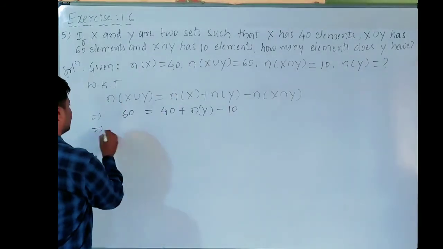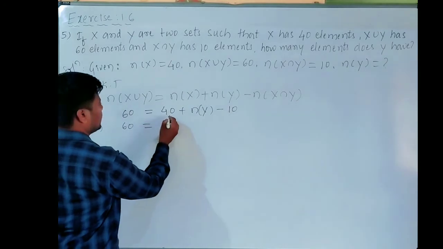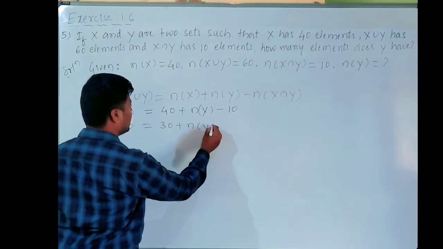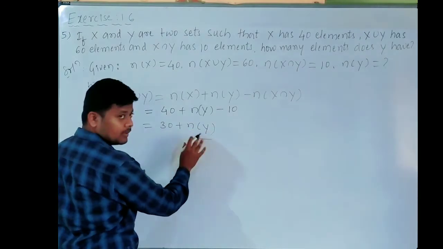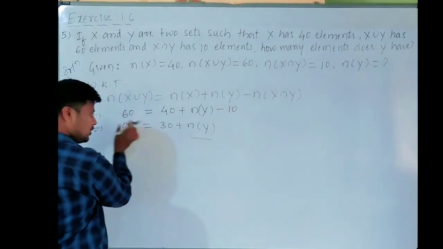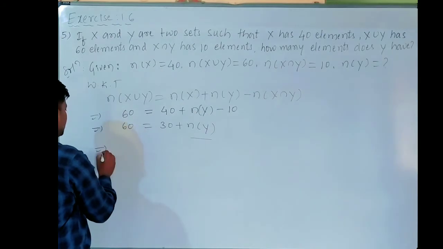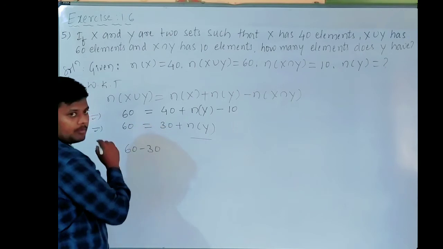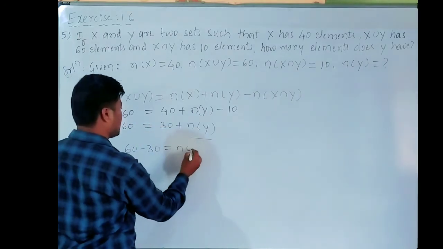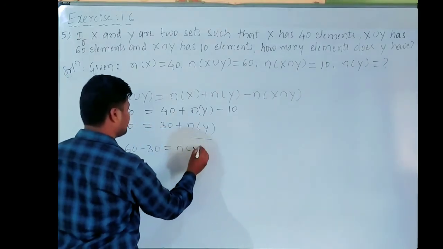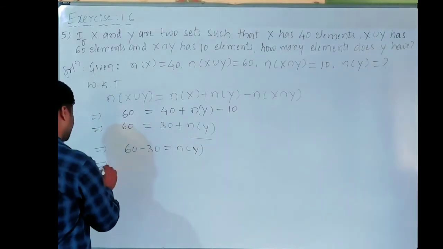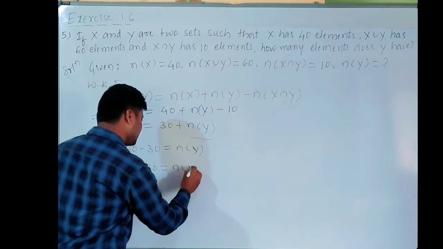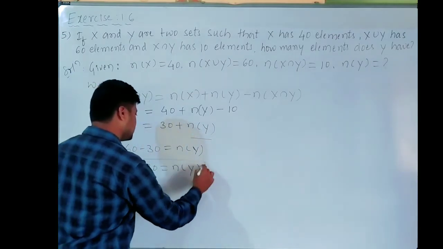So this implies 60 equals 40 minus 10, 30 plus n of y. We have to find this value, keep it here, and transfer this 30 to this side. 60 minus 30 equals n of y. So what is 60 minus 30? This value is 30. So the number of elements in set y equals 30.